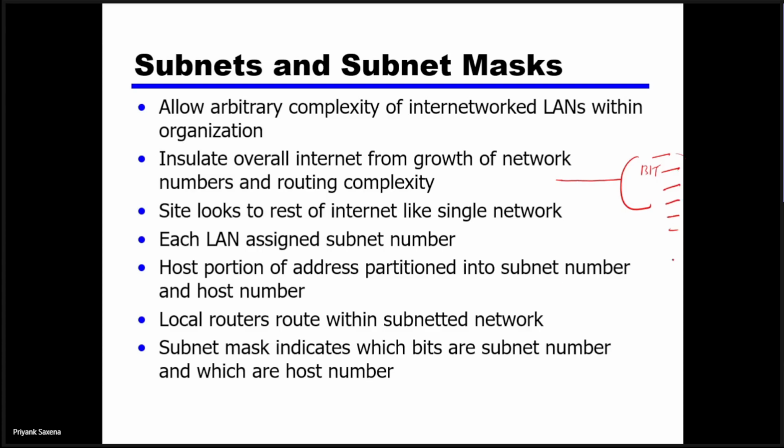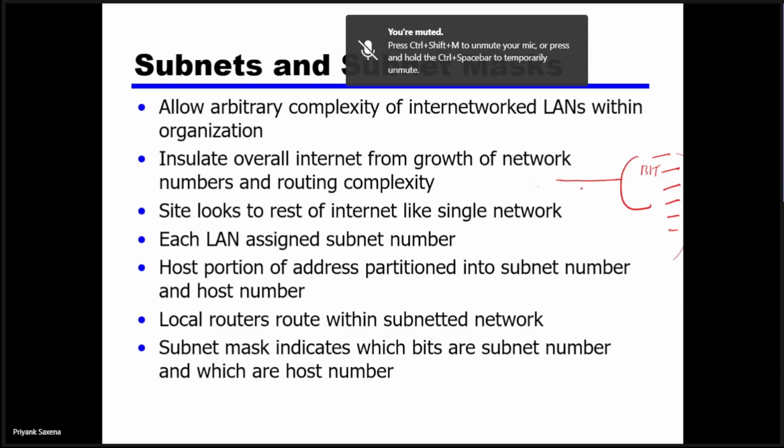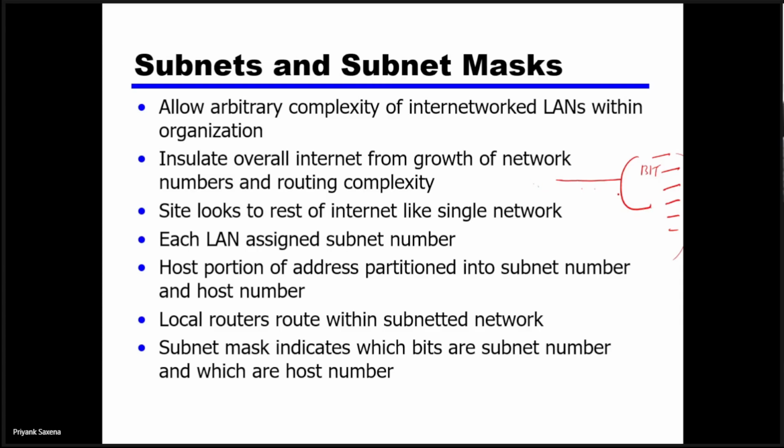We have n number of networks in BIT, but whenever some outside organization is looking, it looks like there is one BIT. So just to save the number of IPs, we have brought the concept of subnetting.